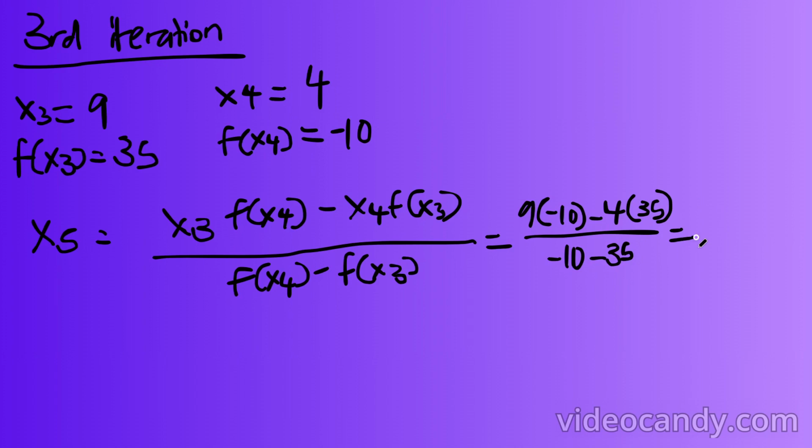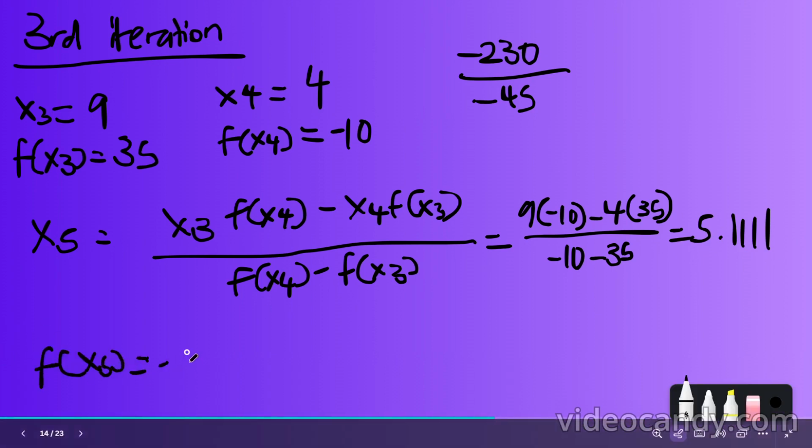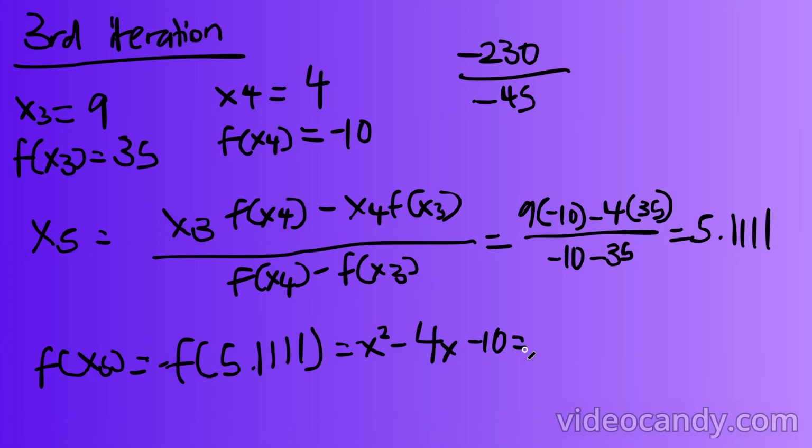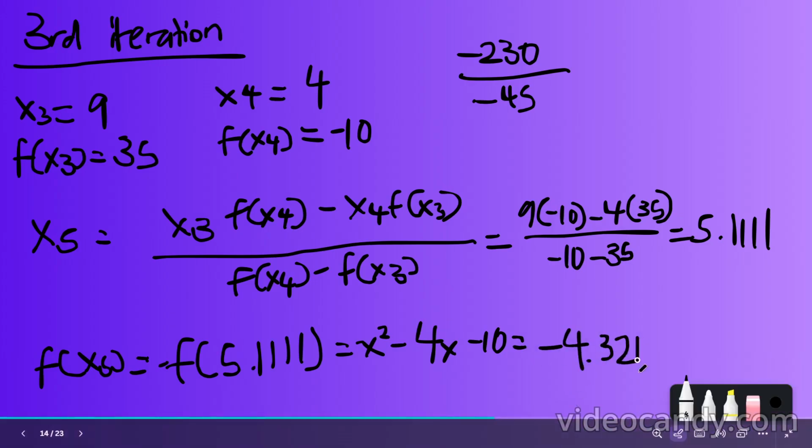The answer is 5.1111. So f of x5, which is 5.1111 square minus 4 times 5.1111 minus 10, is negative 4.32105.